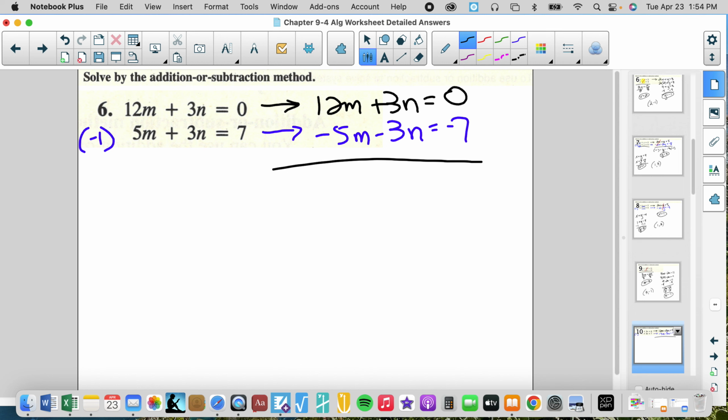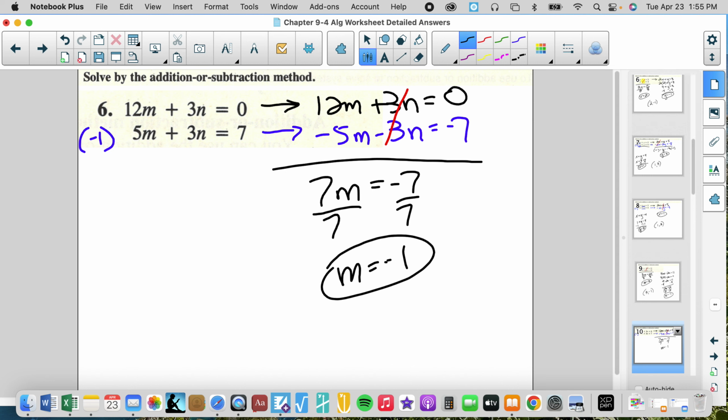And yes, this is just like subtracting. But we get to see it. I am more of a visual learner, so I'd like to see those negatives so I see that they are opposite. I like to see 12m minus 5m to get 7m equals negative 7. Divide by 7. M equals negative 1.